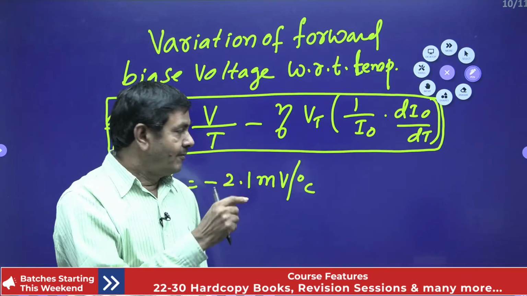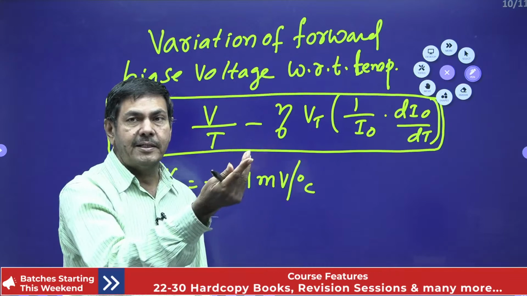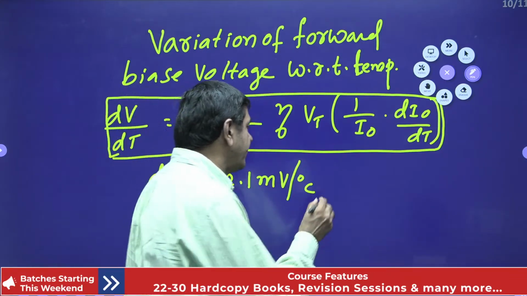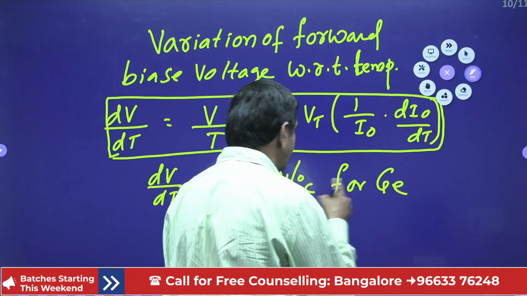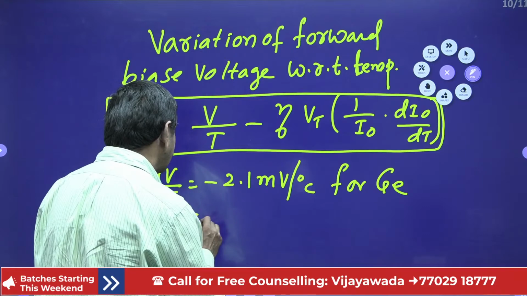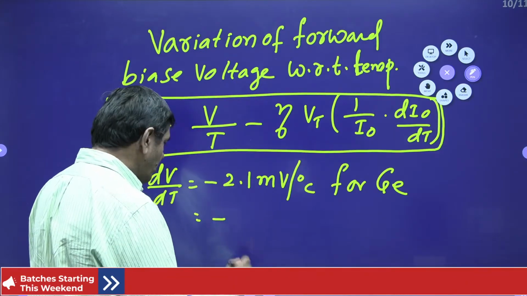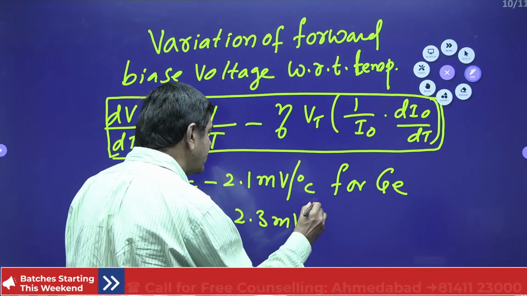For a 20 degree rise, you have to multiply 2.1 into 20. This value is taken for germanium. For silicon, in competitive exams, it is taken directly as minus 2.3 millivolts per degree centigrade.